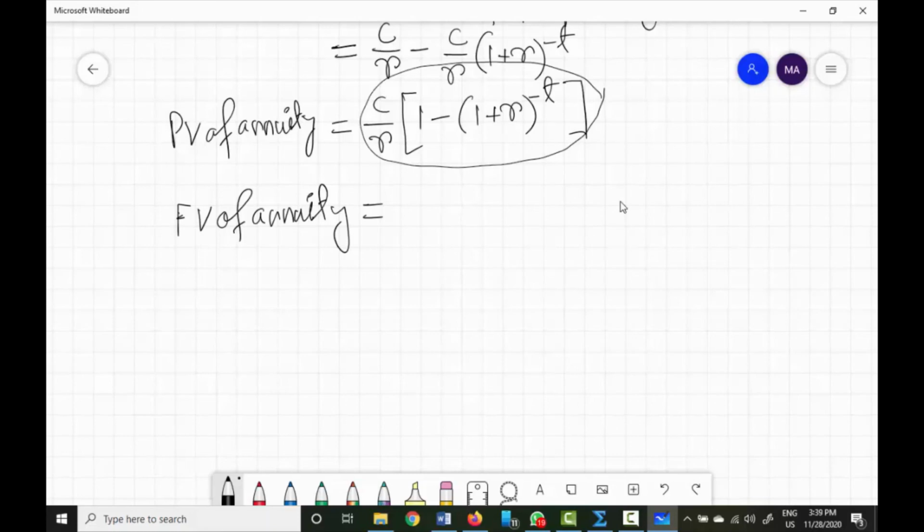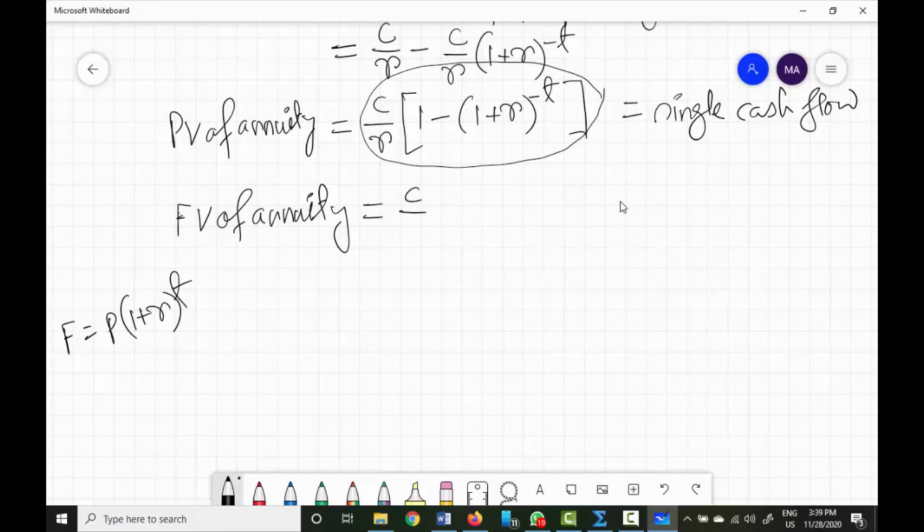Since this one is a single cash flow now, because if you calculate this one, you will get a single cash flow, right? So now if you want to find out the future value of this amount, a single cash flow, we already know the future value of a single amount is F is equal to P into (1 plus R) power T. So what do you need to do?